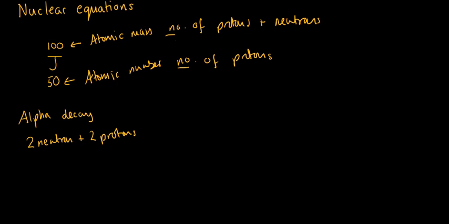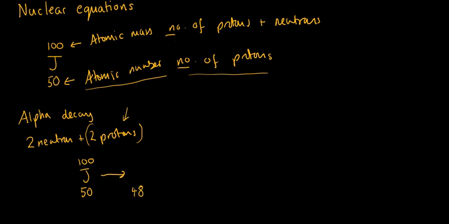So let's imagine that atom J here undergoes alpha decay. What is going to end up happening is we've lost 2 protons. So therefore that bottom number, atomic number, which is the number of protons, is going to decrease by 2. So that is going to be 48.